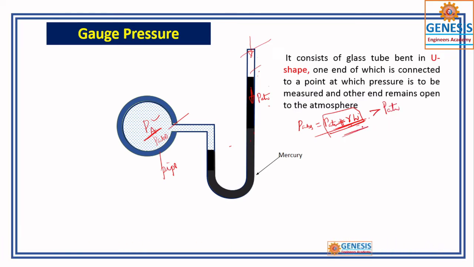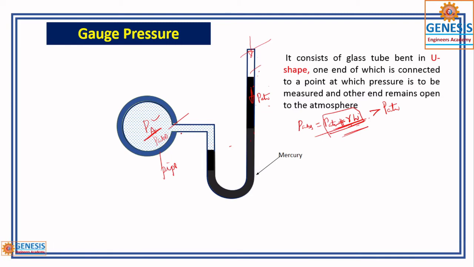That is why it is able to push the mercury down and in turn raises the mercury on the other side. That is the only principle. But how do you calculate how much it has been raised? That I will explain in the next slide.